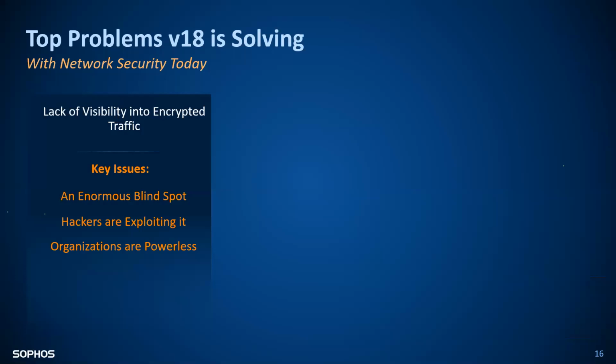So the blind spot is over if you're utilizing our endpoint and our XG firewall in any environment and it gives you 100% visibility. Hackers are exploiting exactly this. Our firewall now has almost all the capabilities that are in our endpoint. In a normal firewall you have application control, web control, download reputation.